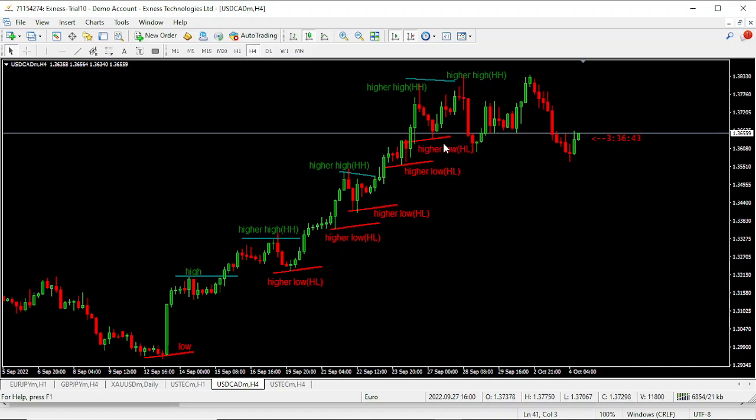So this over here is what we call a bullish market structure, because the market is moving upwards.